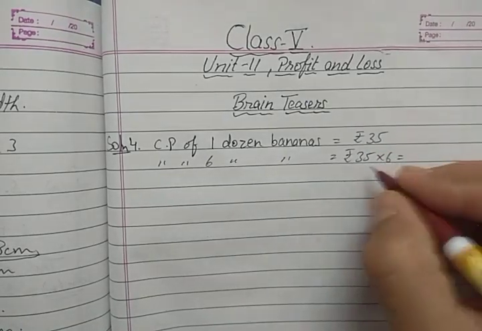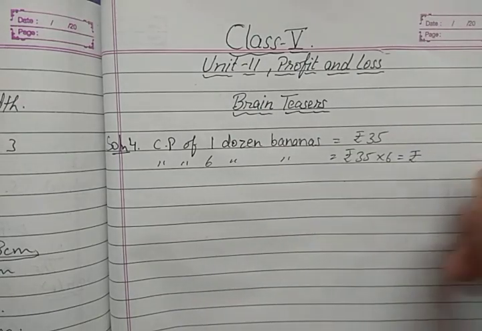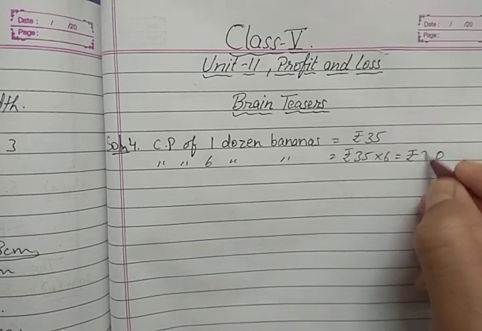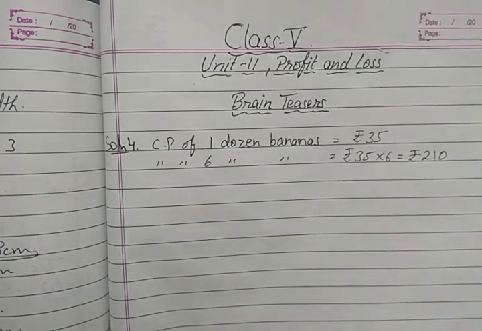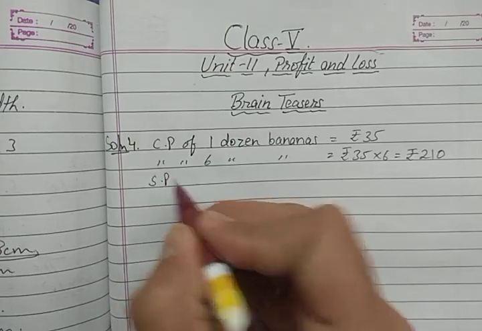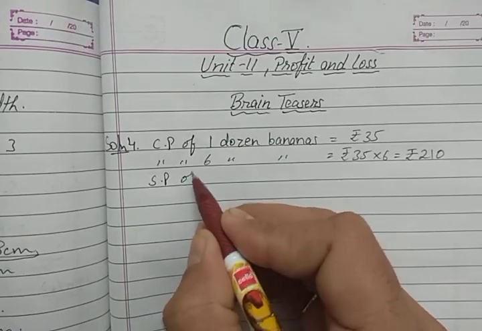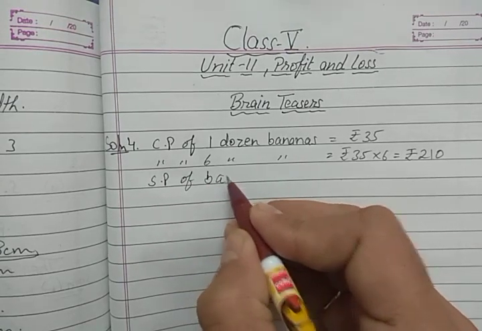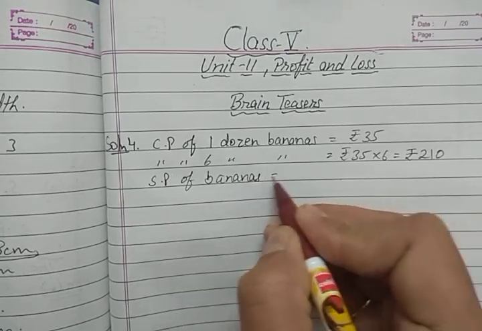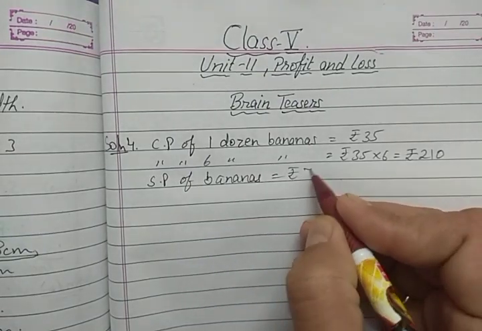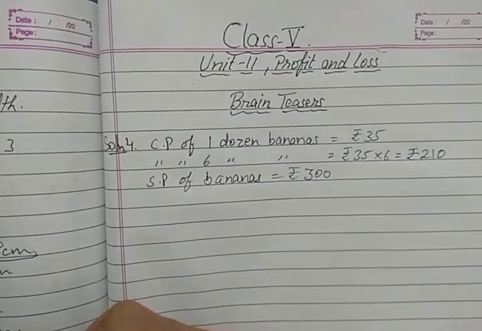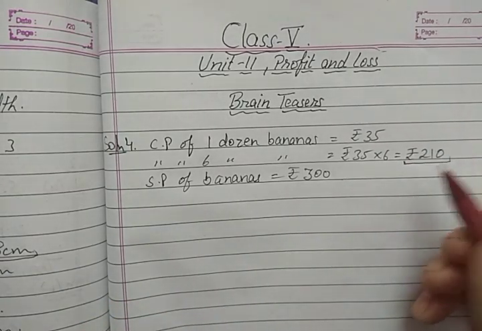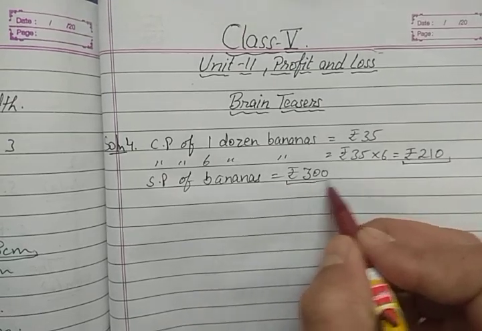So multiply it. 210 rupees, right? And here the selling price is given. Selling price of 6 dozen bananas, of all bananas, that is rupees 300. Rupees 300, right? Now cost price, 210 rupees, and selling price is rupees 300.